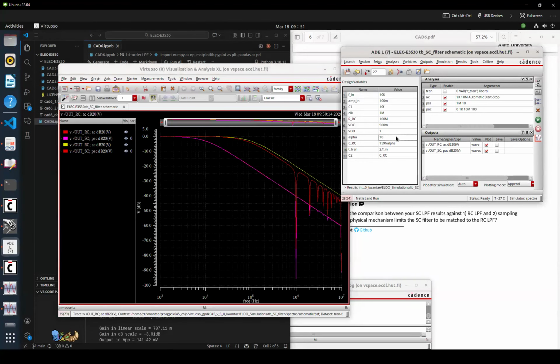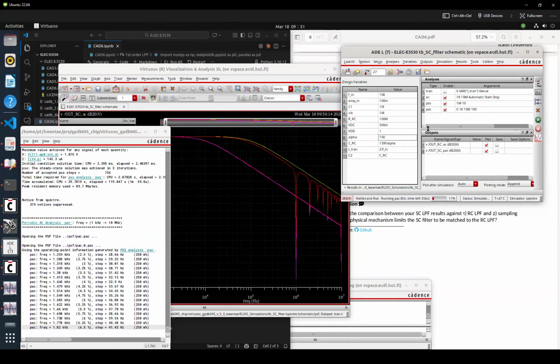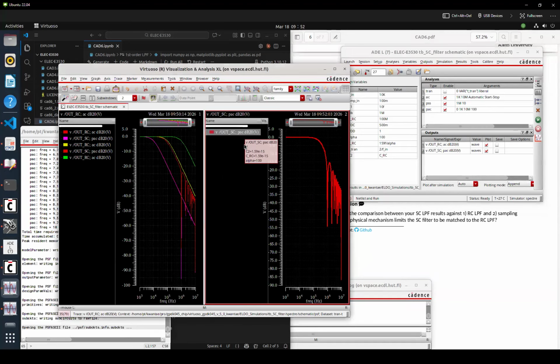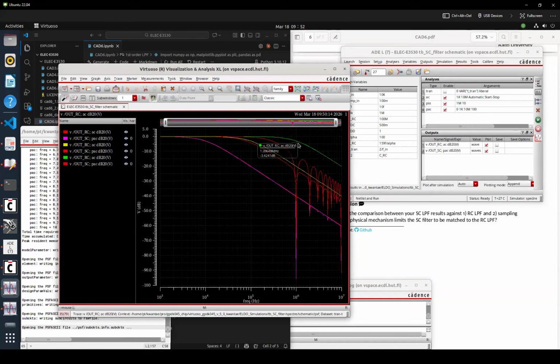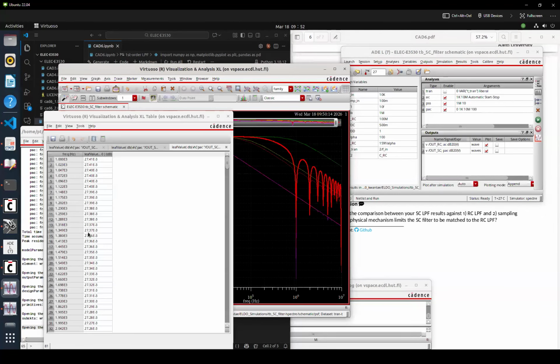SB, okay, and ARPA 100. Okay. Now you can see that its bandwidth is exactly the same as the sampling frequency, but it cannot extend over 100 megahertz because it is theoretically blocked by the sample and hold operation.